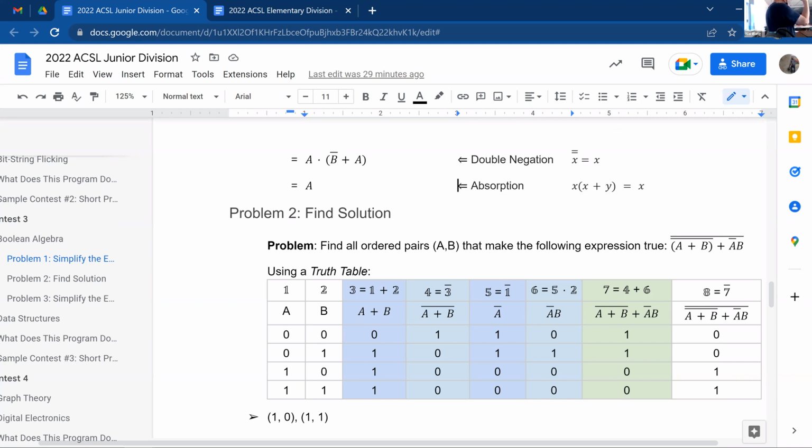So A can either be 0 or 1, and B can also have two values, either 0 or 1. That's what variable means, right? Variables can have any value, but when we are dealing with binary and Boolean, they can only have two values.